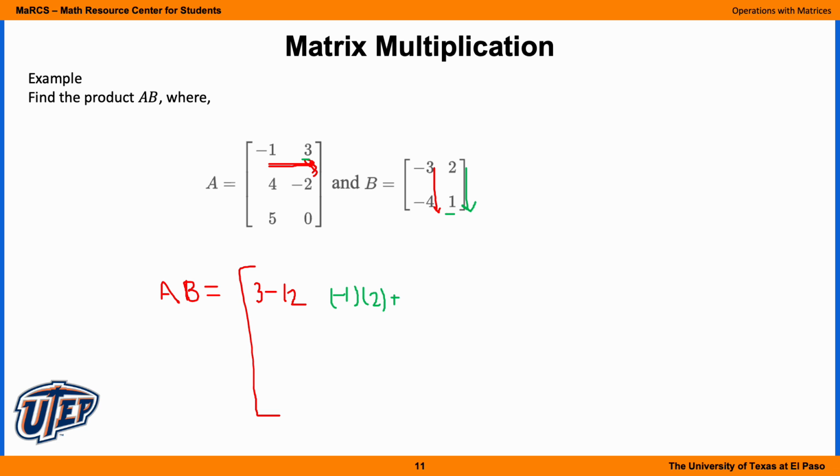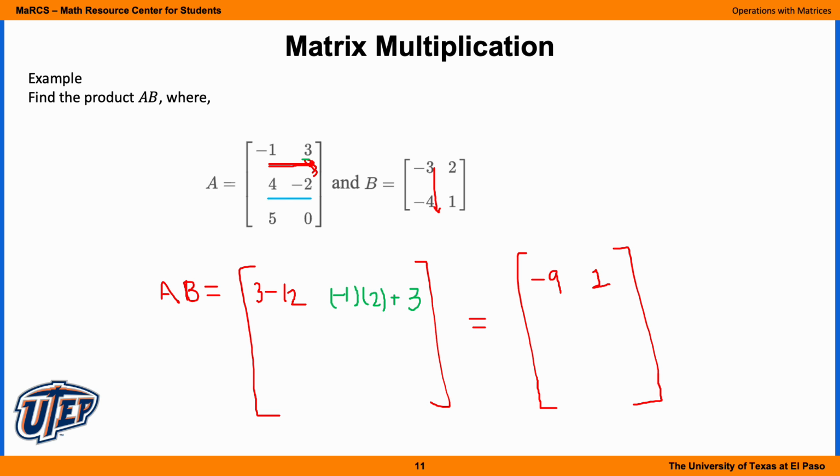So 3 times 1. And now that'll be the second entry in the first row. So -2 plus 3 is +1. So now for the second row, we do this row by this column. So we'll do -3 times +4, which is -12, plus -2 times -4, which is +8. So -12 plus 8 will give us -4.